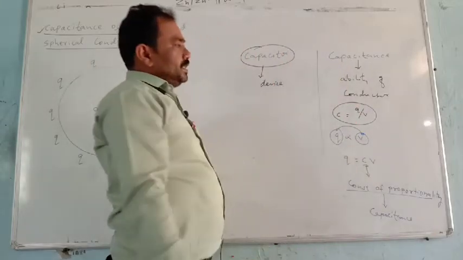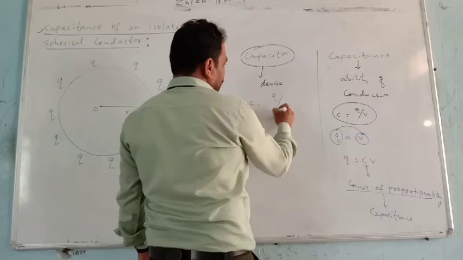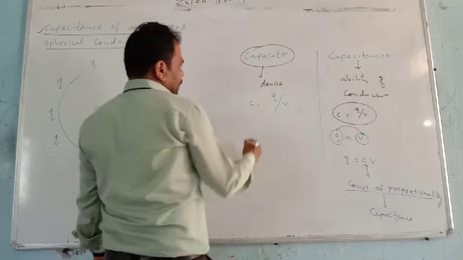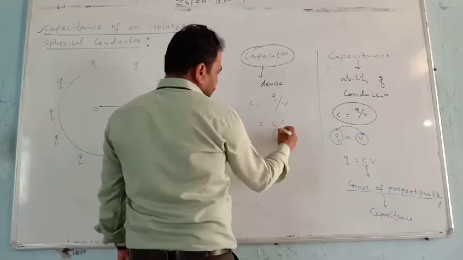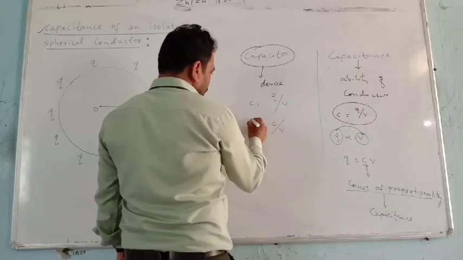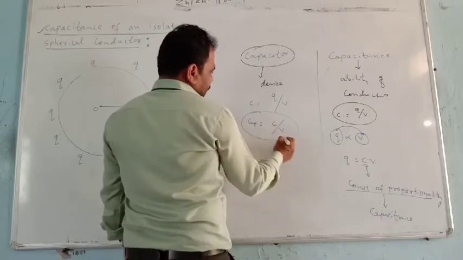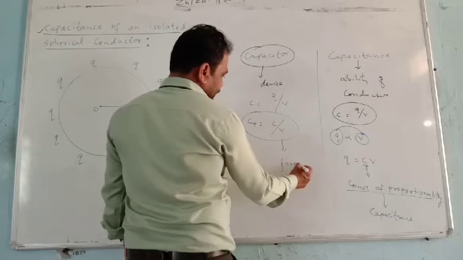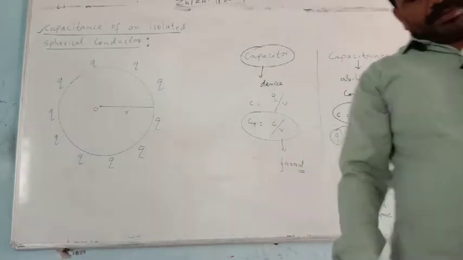So simply we can say capacitance is nothing but a ratio of charge and potential difference, that is Q by V. This charge is measured in coulomb, and potential difference is measured in volt. So coulomb per volt is the SI unit for capacitance, and this coulomb per volt is nothing but a farad.